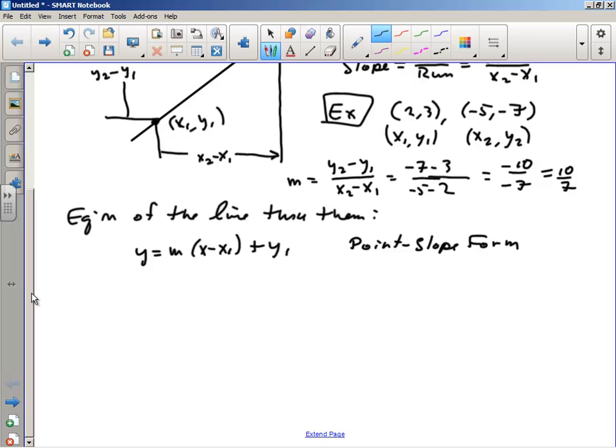That's stupid. You can actually use this function the way it's written. You can just start using it right away. Slope is 10/7 times the quantity x minus my x1, which is 2, plus my y1, which is 3. I could just as easily use the other point. That's the same line.